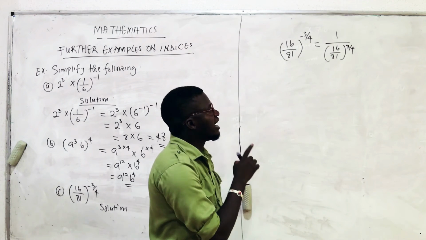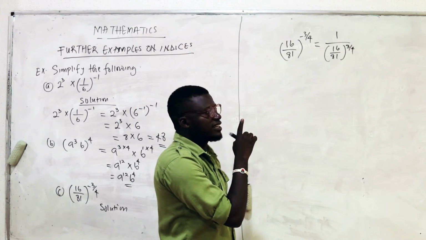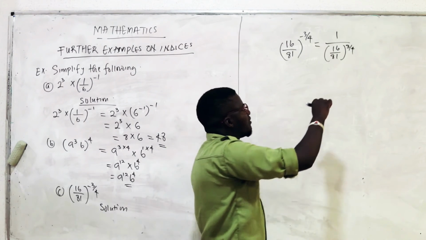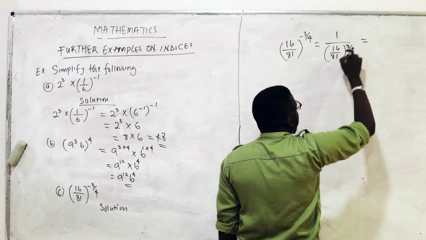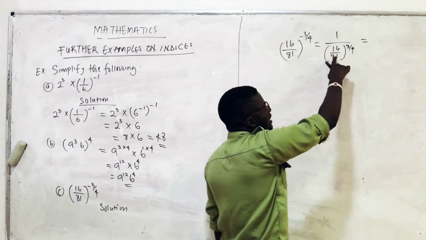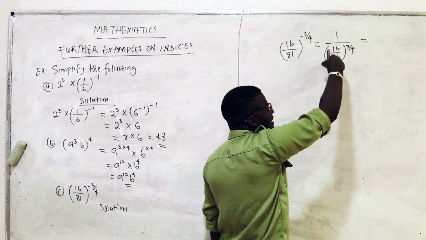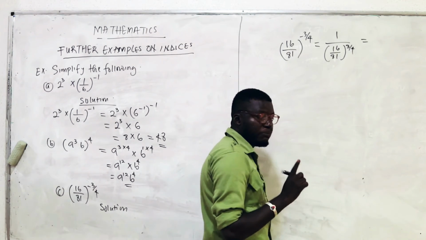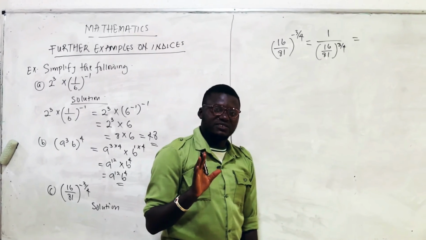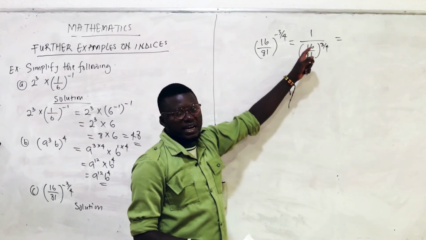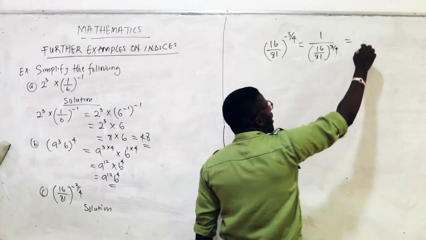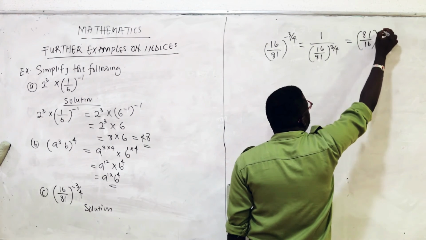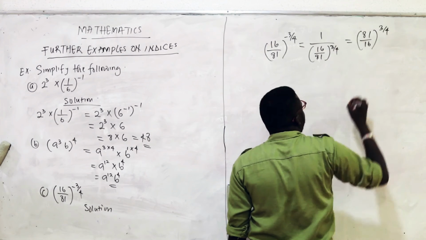In a situation where I have 1 over 16 over 81, to bring it to the normal fraction, I interchange it: 81 is going to go up and 16 is going to come down, to avoid having a negative sign in the power. So I'm going to have 81 over 16, all in bracket, raised to 3 over 4.